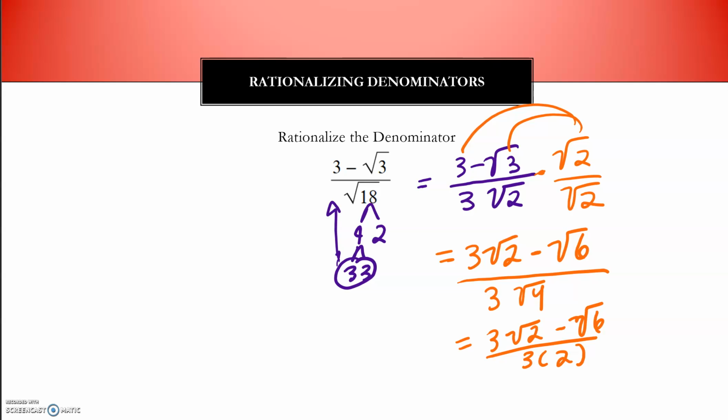So that's not getting canceled. The radical is only in the numerator, no canceling there. Square root of 6 is already simplified, no canceling there. Since there is nothing left to cancel, this is going to be my final answer format. So I need to finish my multiplication in this case and make that 3 times 2 into a 6.